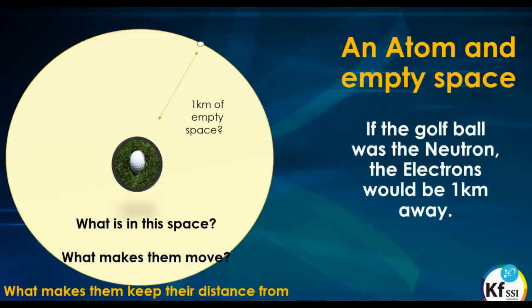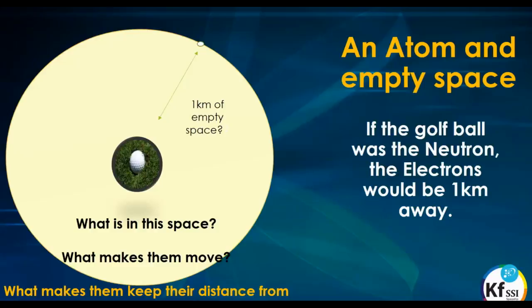Now, when we take a look at the world around us, we've been told that when we look at an atom, we have a lot of empty space. If you try to put that space into an understanding, if a golf ball was the neutron, then the electron would be 1 kilometer away.